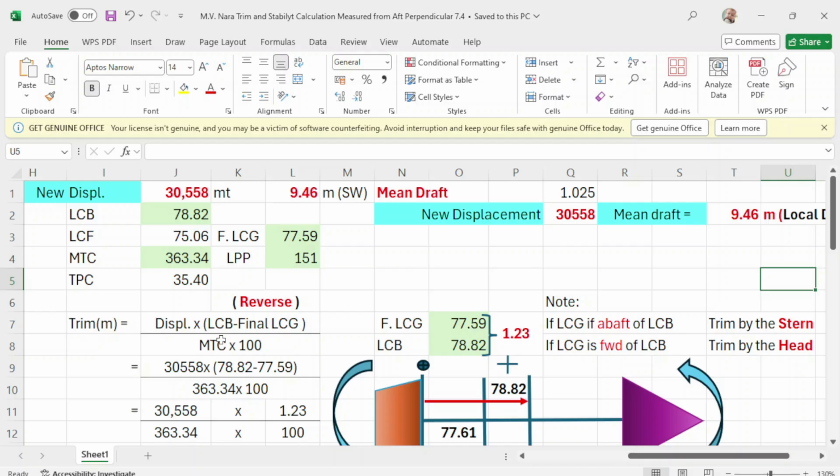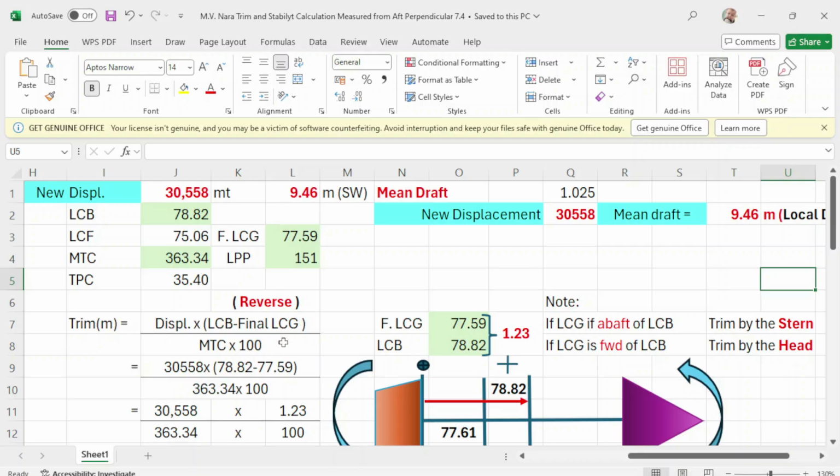What is your LCB? It is 78.82 minus final LCG. Final LCG is 77.59. Okay, over MTC. MTC is 363.4 times 100. The first thing to do is subtract LCB to final LCG.